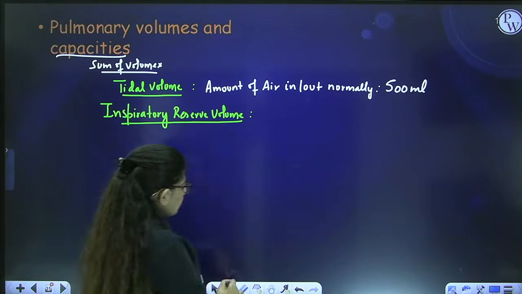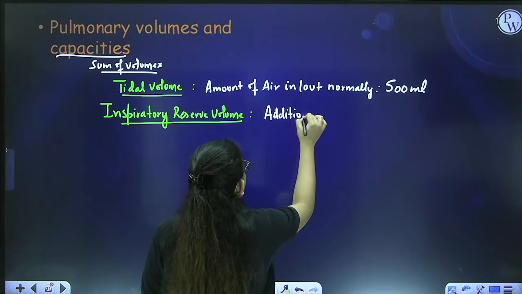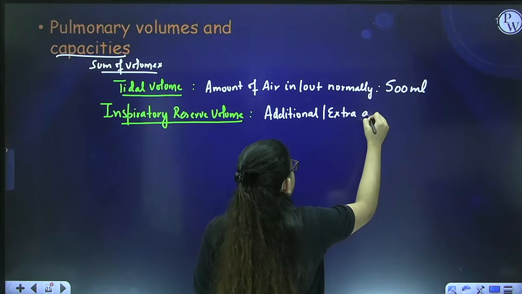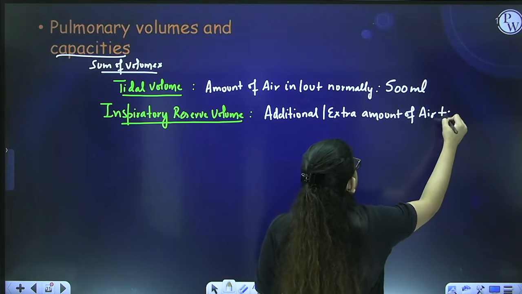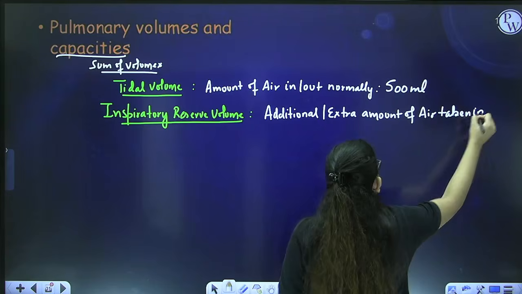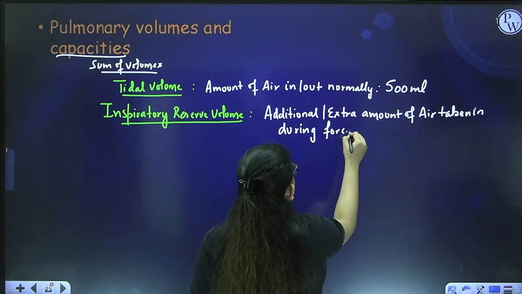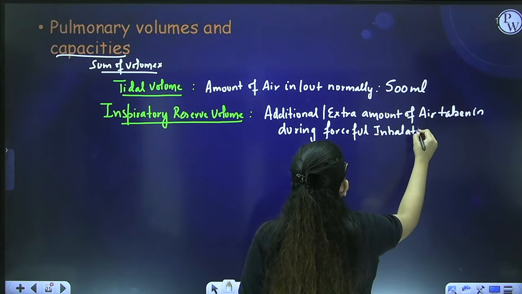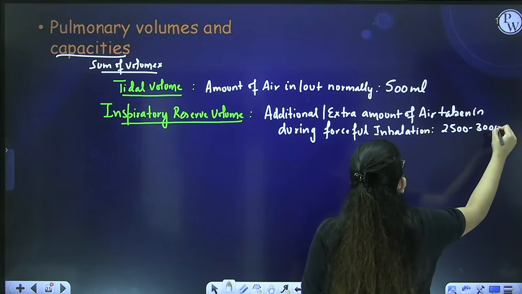So what is inspiratory reserve volume? It's the additional or extra amount of air taken in during forceful inhalation. And what's its quantity? 2500 ml to 3000 ml.